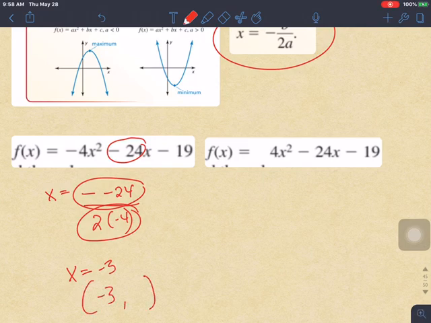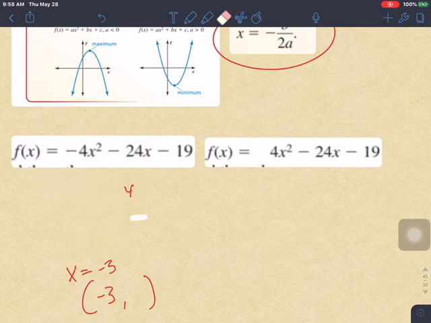After we find the x-coordinate, we substitute that back in everywhere we see x, and we figure out what our output is. So that's negative 4 times negative 3 to the second power minus 24 times negative 3 minus 19. In this one, negative 3 squared is 9, and negative 4 times 9 is negative 36.